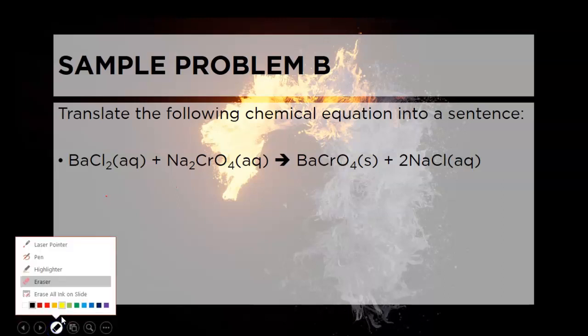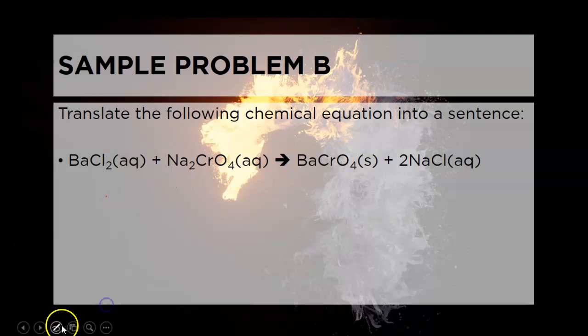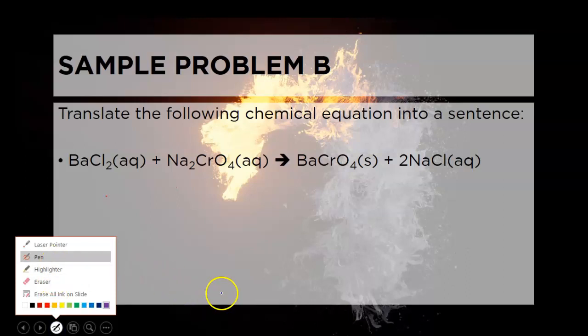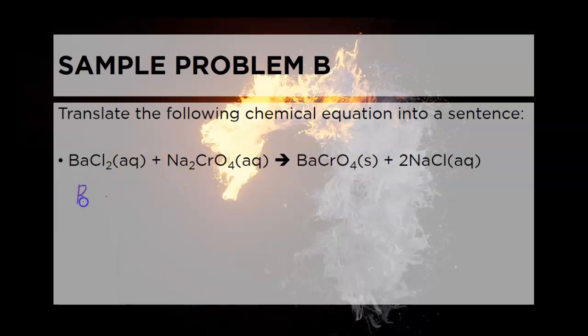So if we look at this word equation, it's going to be barium chloride. We don't want to put the di in because that would be for covalent compounds. One thing, I'm not sure if I mentioned to put this in there, but aqueous, do you remember what aqueous means?